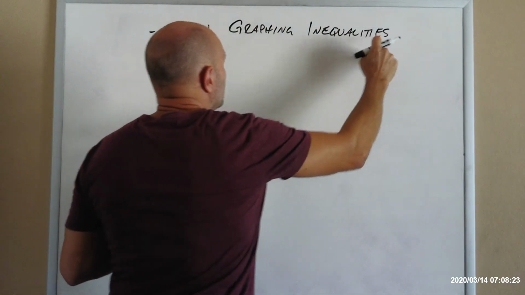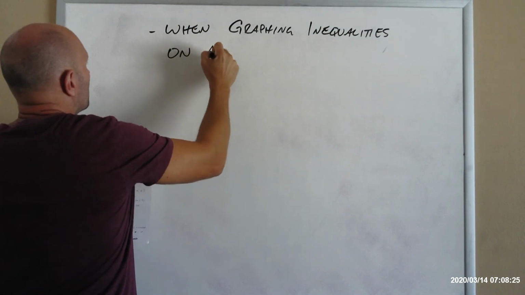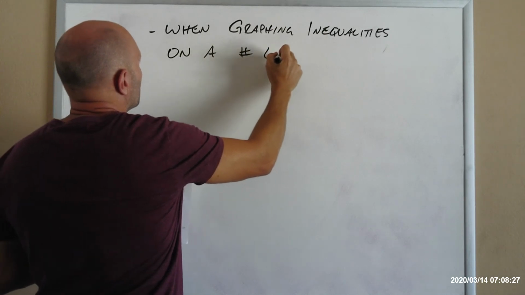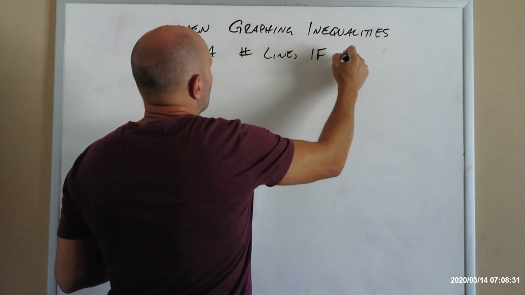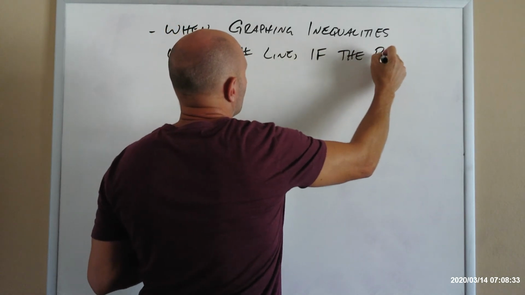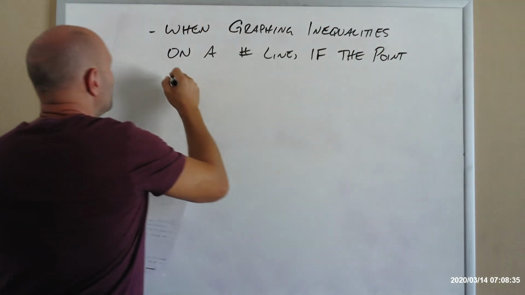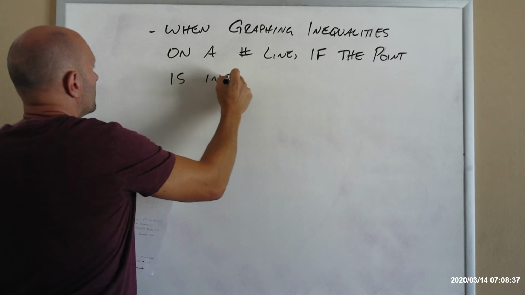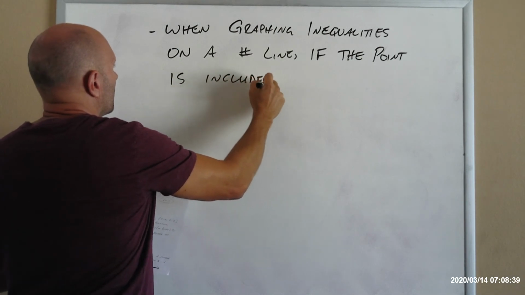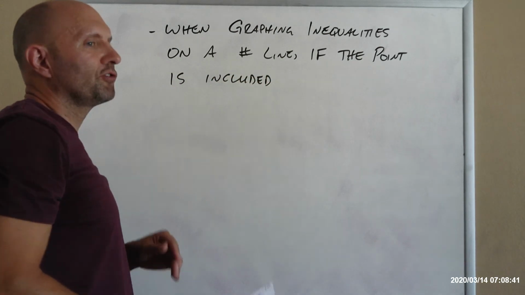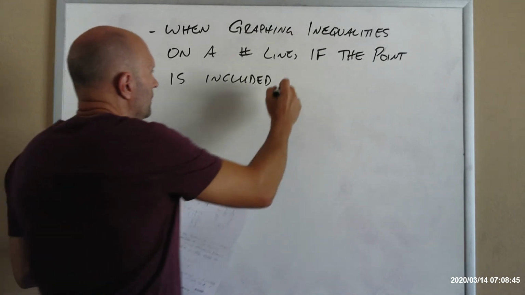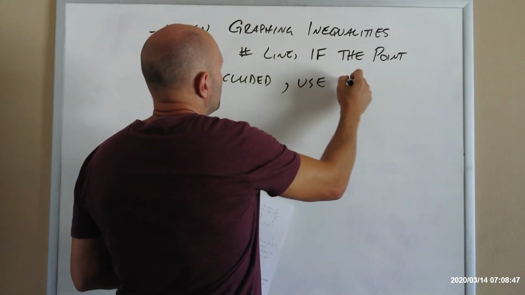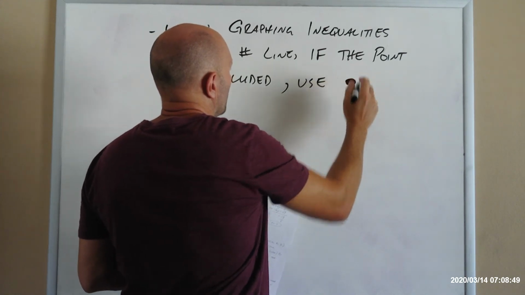on a number line, if the point is included, so for example, if it's x is greater than or equal to 4, so 4 is included, then we use a closed circle or a colored in dot.